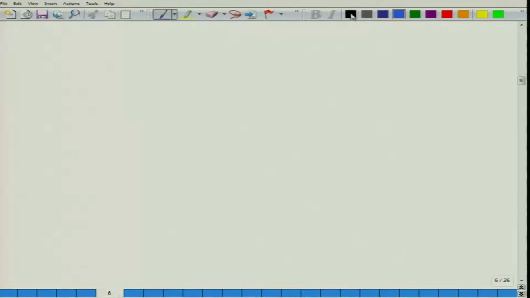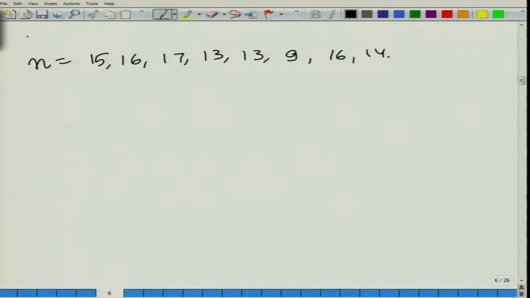So, how do we solve this problem? We have n is equal to 15, 16, 17, 13, 13, 9, 16 and 14. So, these are all different sample plots, sample plot 1, 2, 3, 4, 5, 6, 7, 8. So, what is the average number of trees per sample plot? How do we find that out?